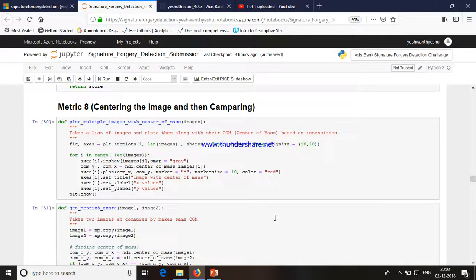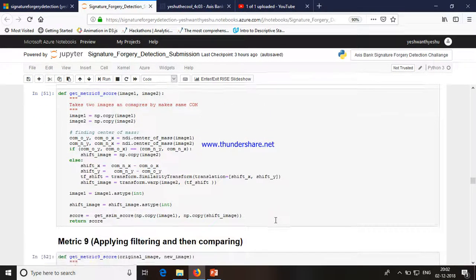In metric 8, we center the image. We find the center of mass of our genuine image, make the new image have the same center of mass, and then compare those images.